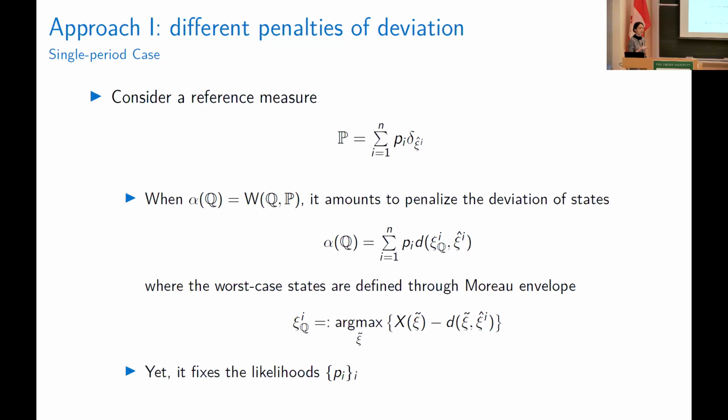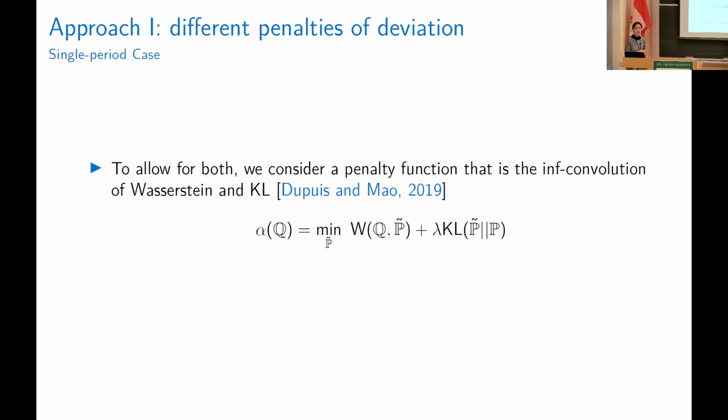So in that case, if we only replace the penalty term with the Wasserstein distance, then it doesn't allow us to change both the likelihood and the deviation of the different states. So what if we want to combine them to see whether we can make the framework make more sense?